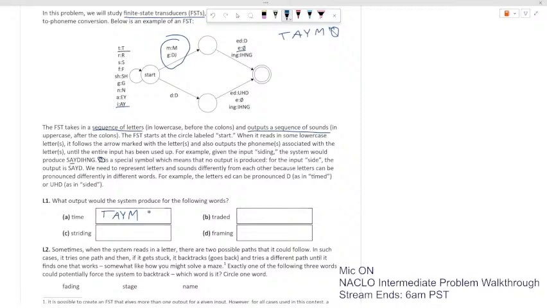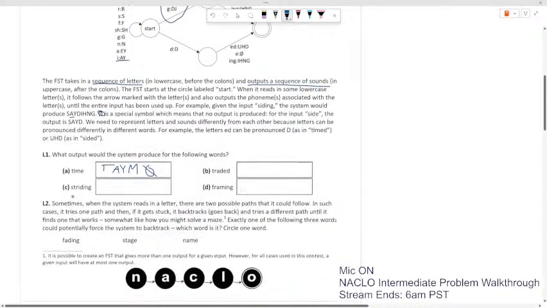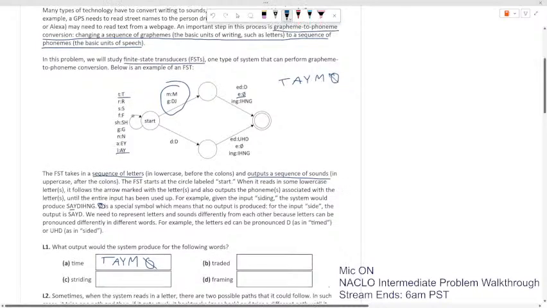Since this is a 5-point problem, you'll notice that it's a little easier, but the 15-point problem that follows this is going to be much more difficult. Okay, traded.